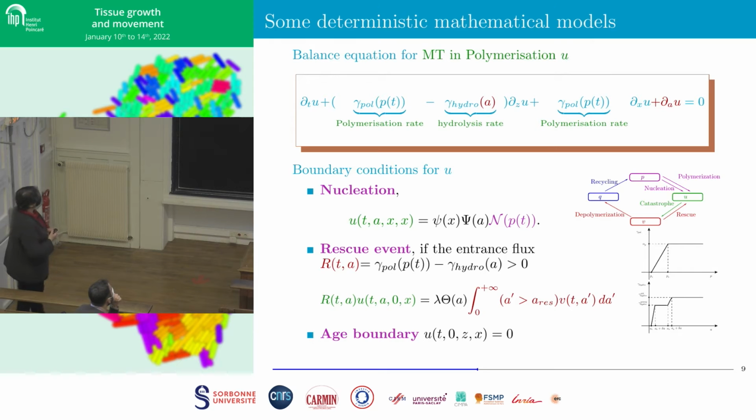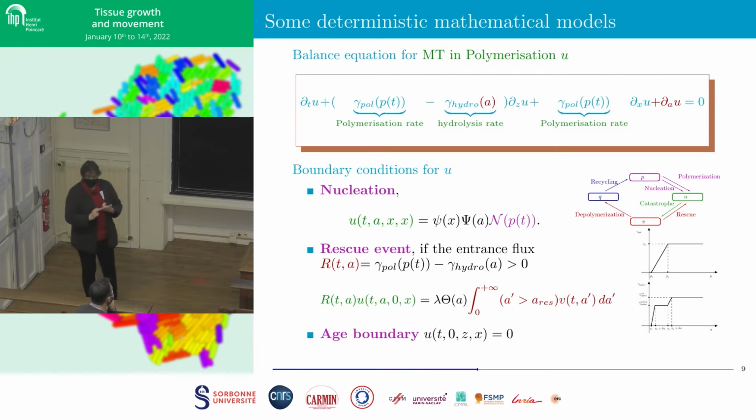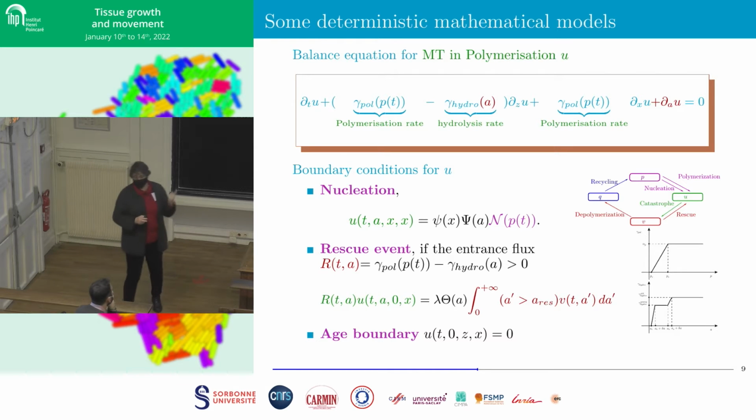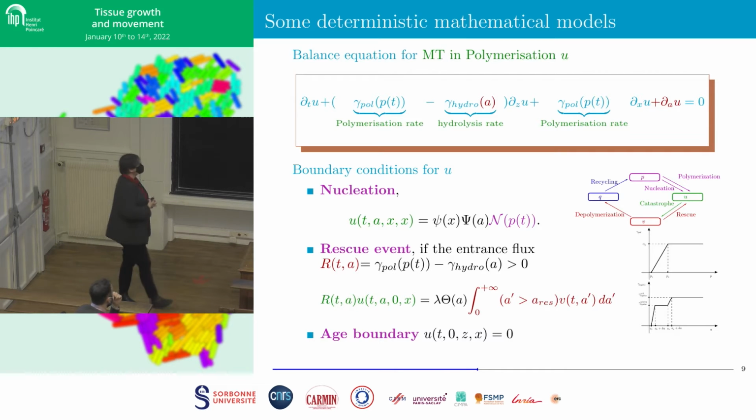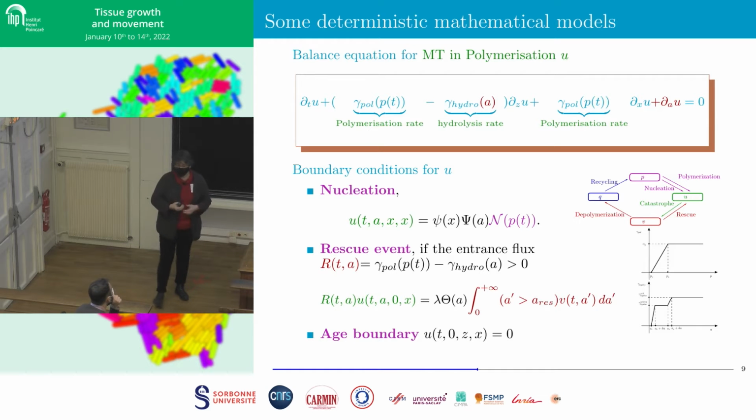Here is the equation for the population of microtubule in polymerization. We have the time, the size of the cap, and the age. The velocity of the age with respect to time is equal to 1. The velocity of the microtubule size is due to the polymerization, and the polymerization speed is linked to the number of GTP available in the system.